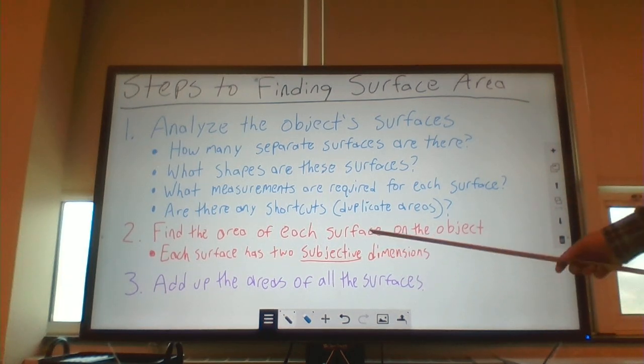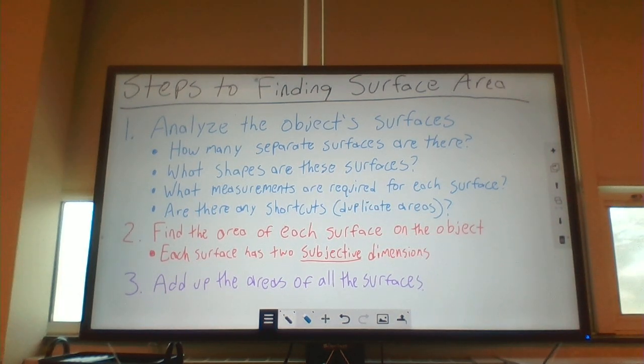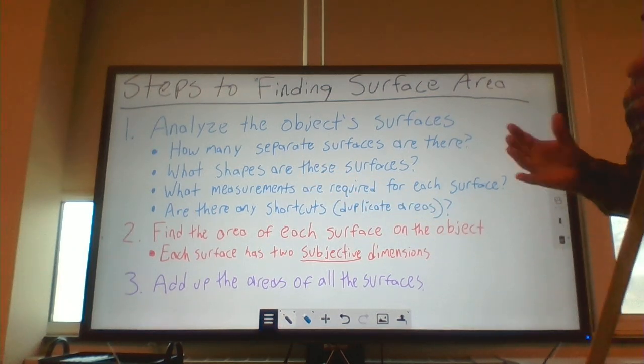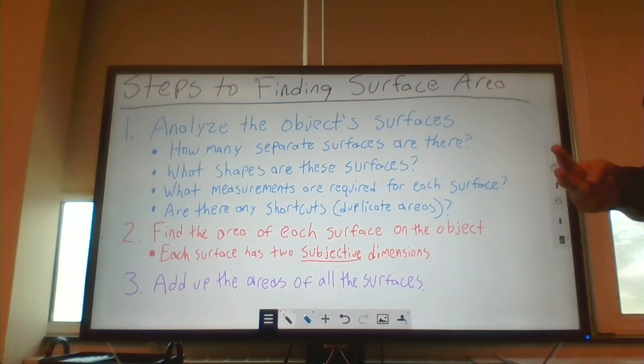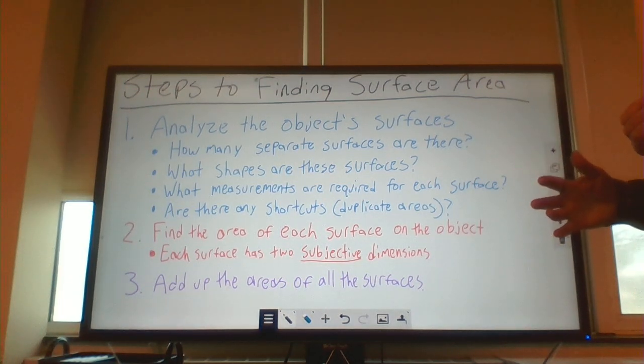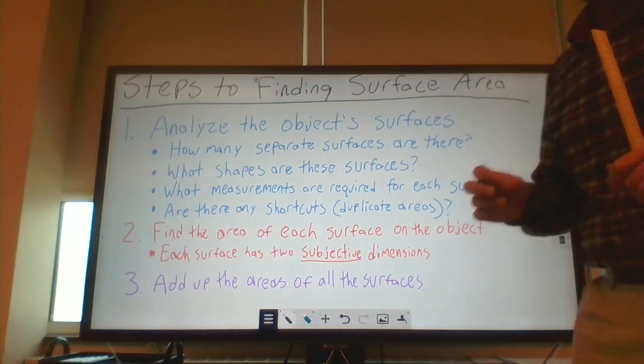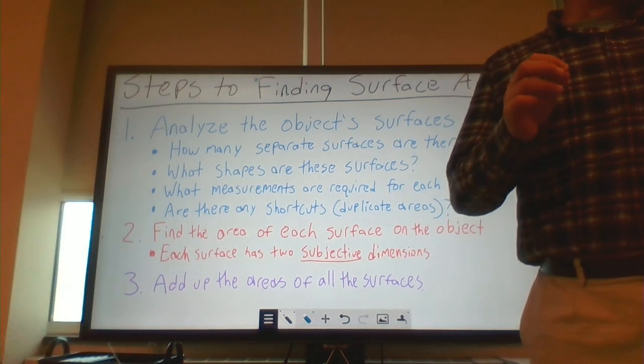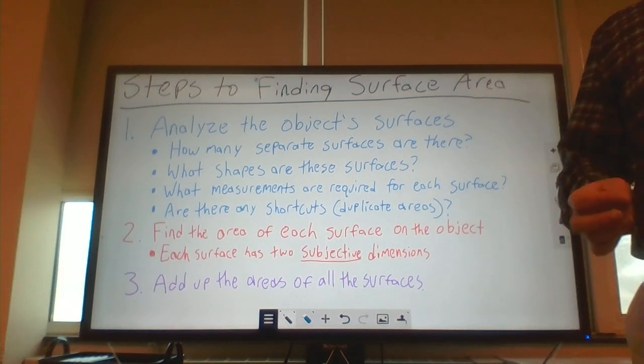And then the second thing we're going to have to do is find the area of each surface on the object. Now, I've pointed out that as an area, you need 2 dimensions in order to find the area. So you only need 2 measurements, technically, in order to find the area of a surface. However, one key difference is that the areas are subjective.